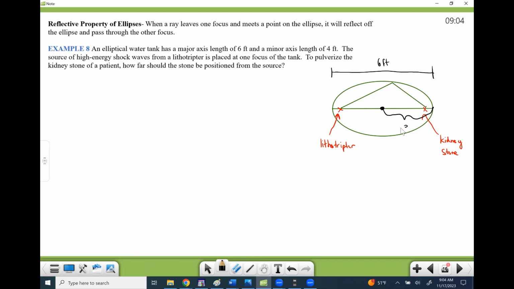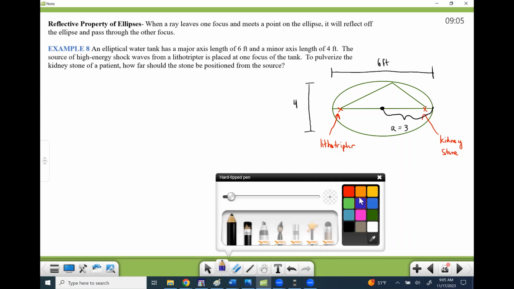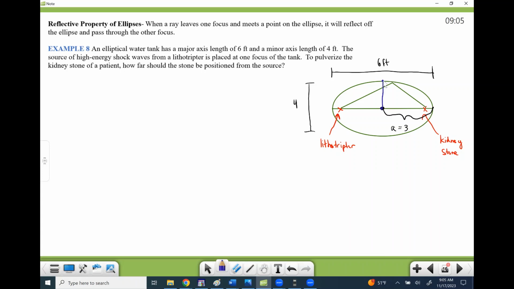That's going to be 3, since 3 plus 3 is 6, and that's going to be the letter A. Then the minor axis length is 4, from the top all the way to the bottom. But again, we want from the center up to the ellipse. That's going to be 2, and that's going to be the letter B. So we have A and B.